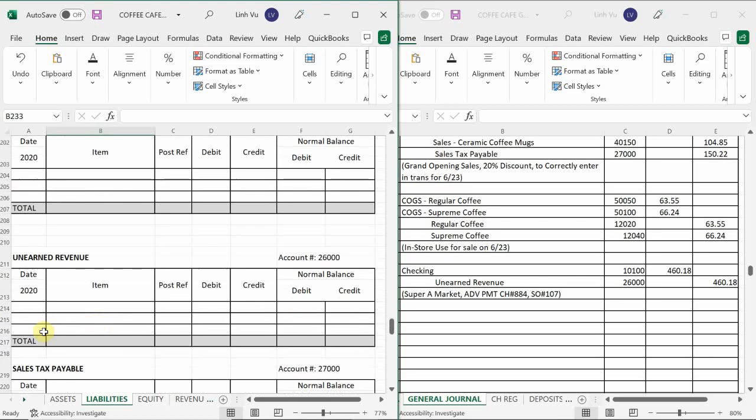Here you go, unearned revenue. You can say sales order number 107, Super A, for $460.18.